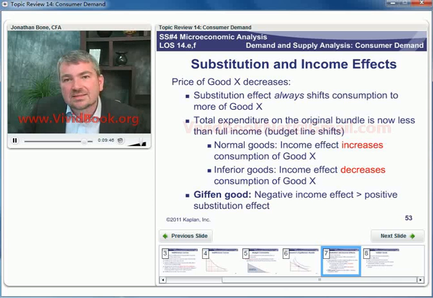In other words, you've got an inferior good where the income effect is bigger than the substitution effect. What does that mean? Well, as price falls, quantity demanded drops as well. Or if you like, as price rises, quantity demanded rises with a Giffen good. Okay, so we have a rather bizarre situation with the Giffen good. We have an upward sloping demand curve.